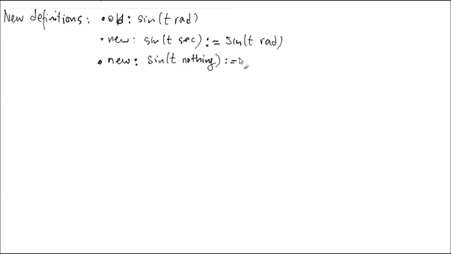Sine t is going to be sine what? T radian. Does that make sense? Sine 5 now is viewed as, it's not sine 5 radian, it's just sine 5, the number. Then we're going to view that as sine 5 radian. So that's the definition of trigonometric functions of real numbers.